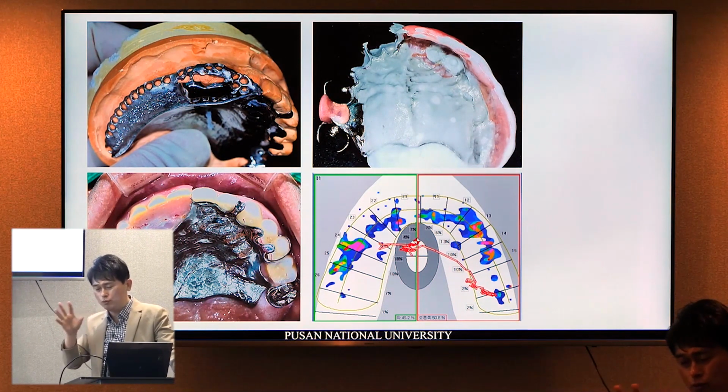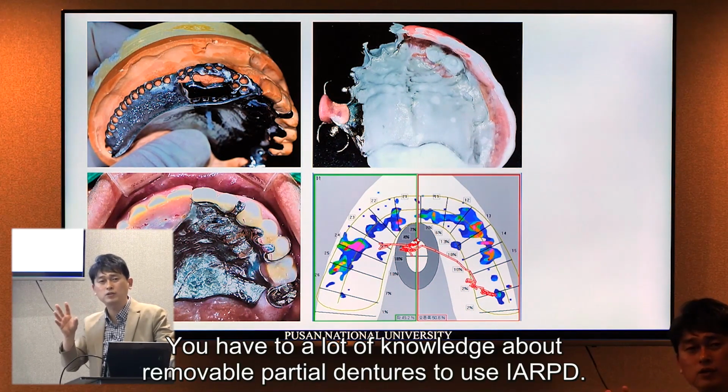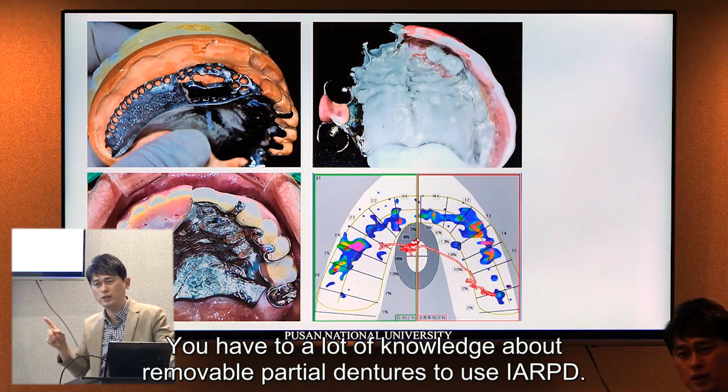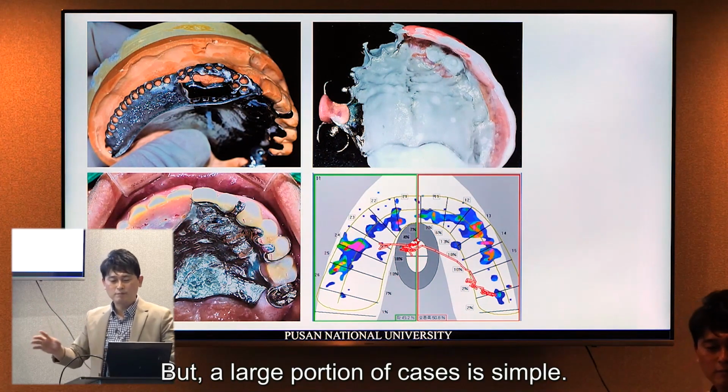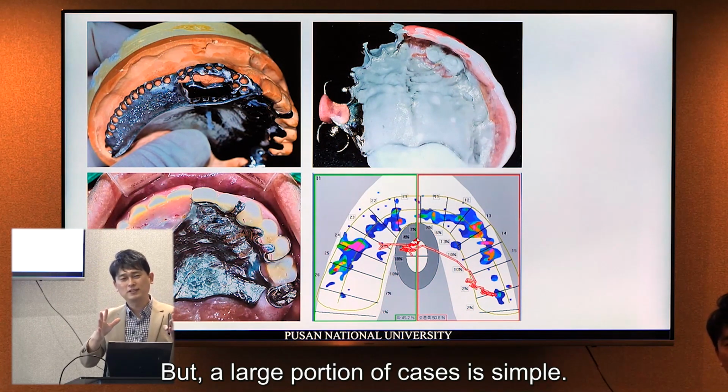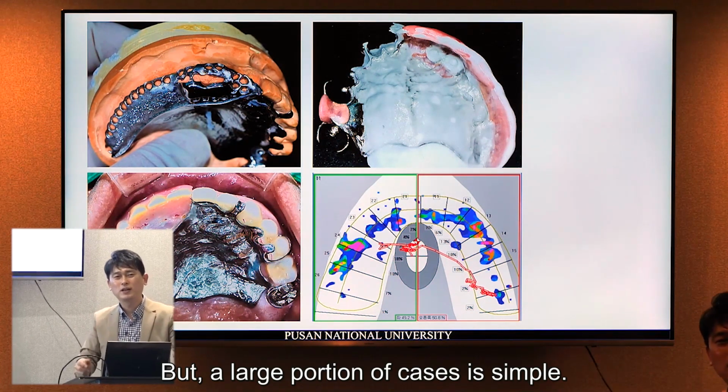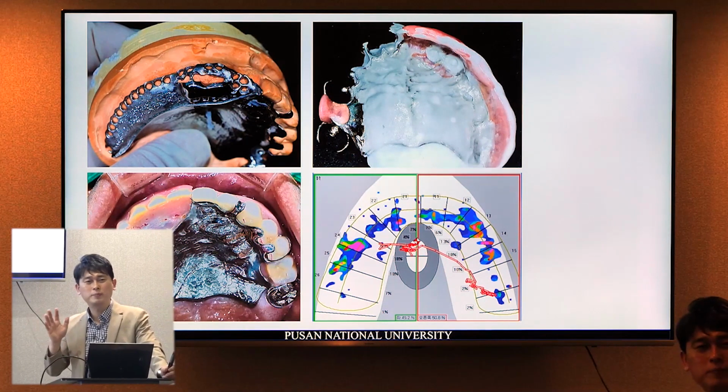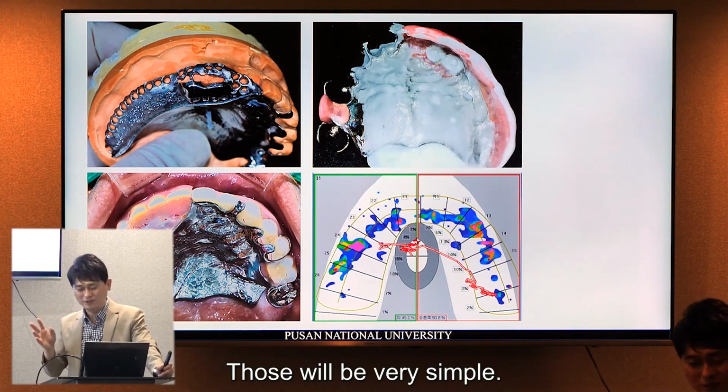So you have to have a lot of knowledge about the removable partial denture to make the IARPD. But in many cases, a large portion of cases, it is very simple.